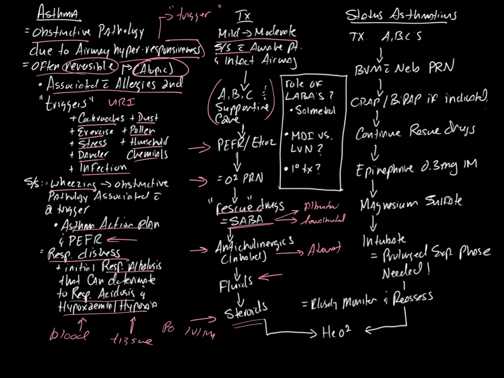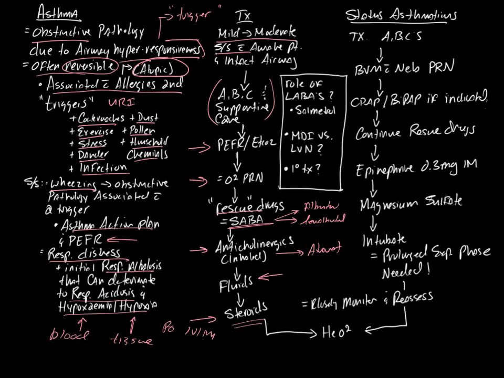So what happens is, following the initial asthma attack or COPD exacerbation, if that's the case, several hours after that, they can develop another attack that can be prolonged and difficult to treat due to the arachidonic metabolism and other processes occurring.